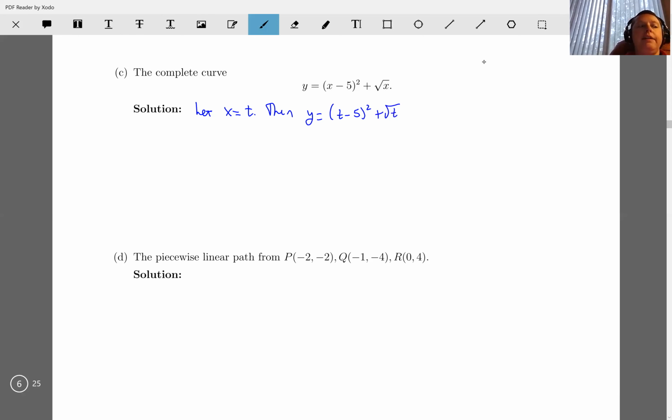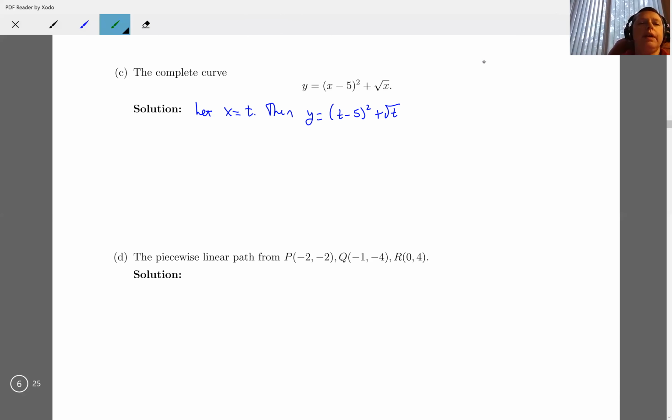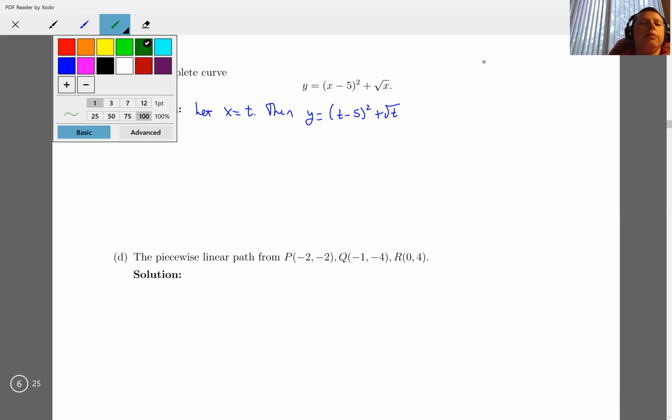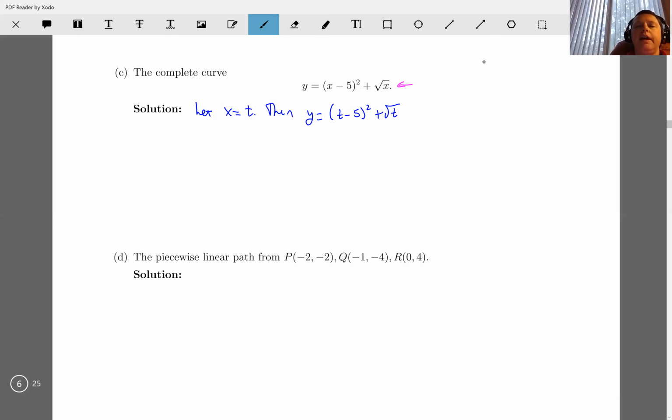Now, I'm not exactly finished here, right, because there's a restriction that it's not written, but it's implicit. And what is that restriction? Very importantly, hiding in here is that x is greater than or equal to 0.